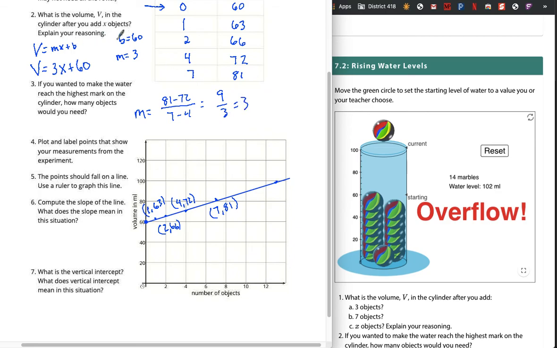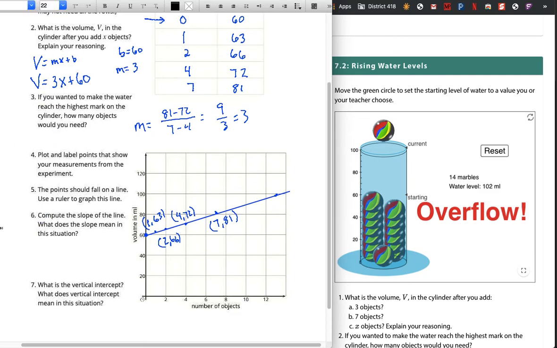So we've talked about the slope of 3 and what that means. Slope of 3 means that for every marble added, the water went up 3 milliliters.